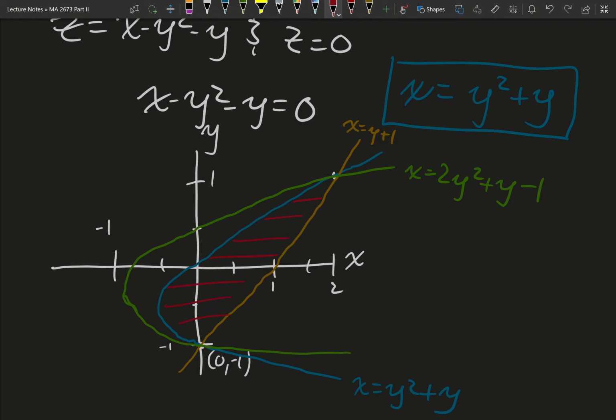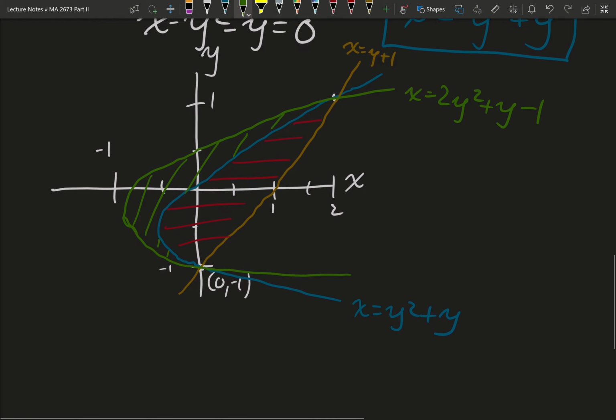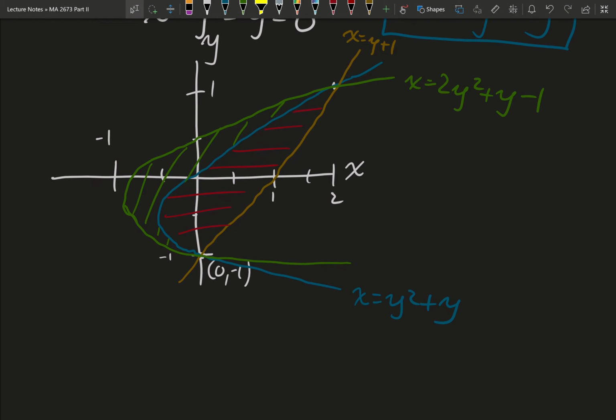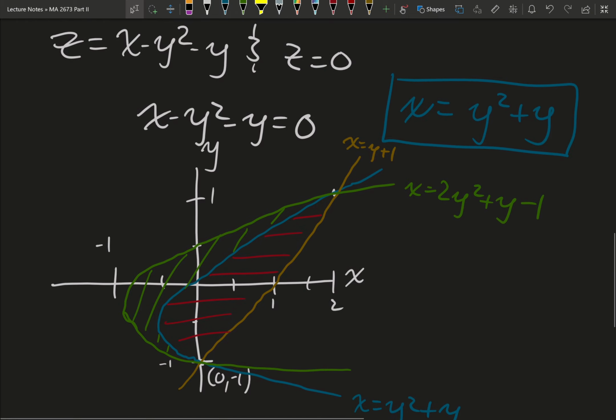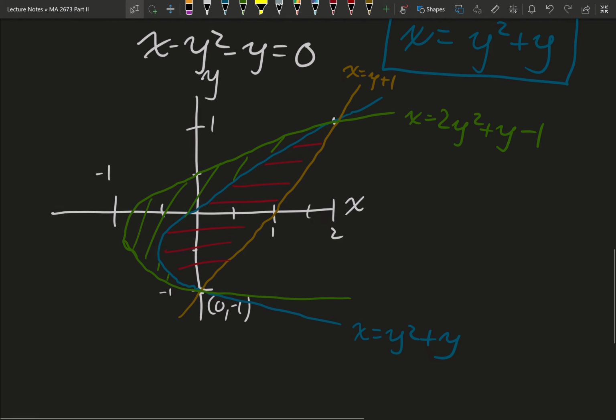So I have that region there, which I'll shade in red, and this region here, which I will shade in green. And now, what's going to end up happening here is one of our bounds for z is going to change based off of what region we are in.